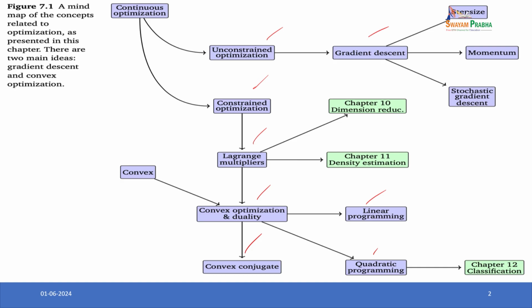Based on that, a lot of classification we can do. Suppose the problem is unconstrained, you have to do the gradient descent check and use the step size technique, apply it, as well as check the momentum also. So, the gradient descent is actually based on the stochastic gradient descent.